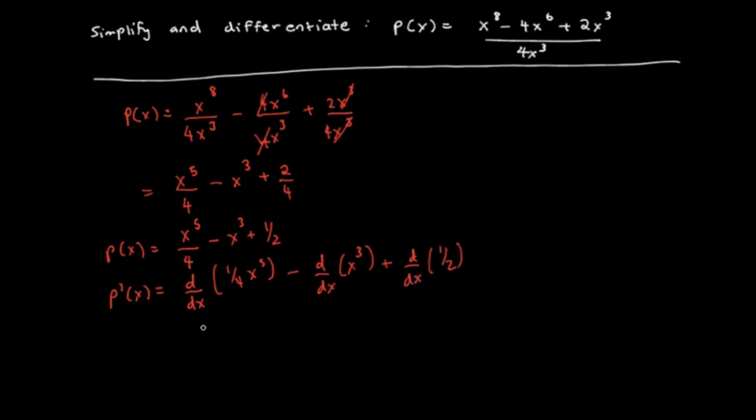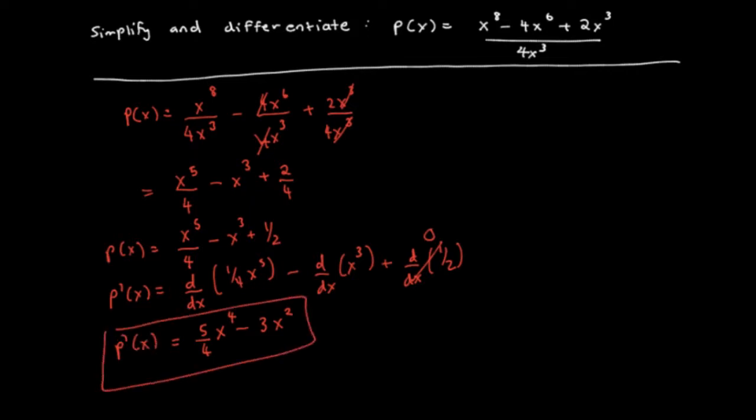Okay, so this is going to basically give you 5 over 4 x to the power 4 minus 3x squared, and then this is 0. Okay, and then this is your derivative function p prime of x. So it's not too bad. You just have to simplify this out first, and it makes the question a lot easier.